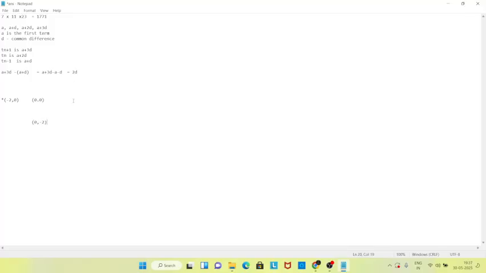And the third point is (2, 0), which will be on the x-axis. So I am taking this line as the x-axis and this line as the y-axis. Now I'm just putting the three points. This is another point. This is the third point.